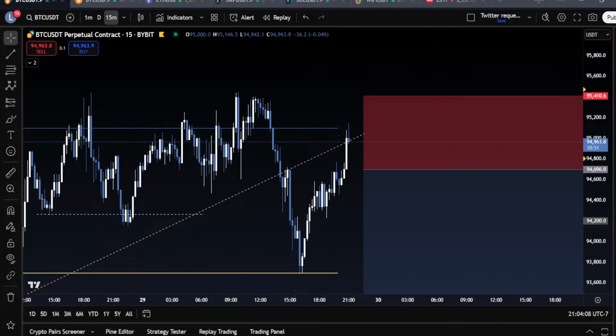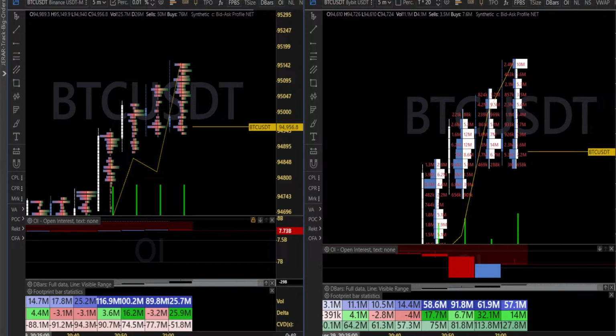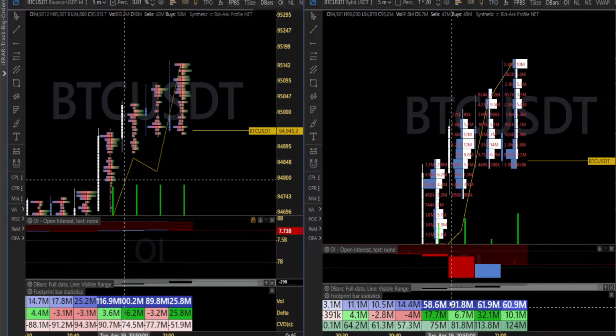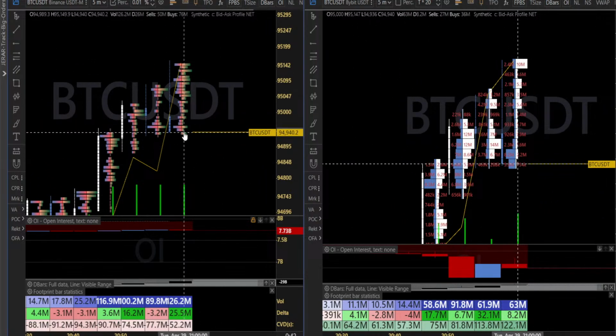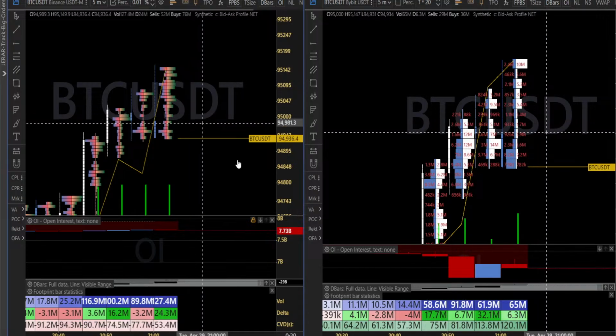If there was something a little more crazy here in the order flow, like hundreds of millions of volume and delta, maybe I would be more interested, but it's also sort of local high territory rather than a major high.